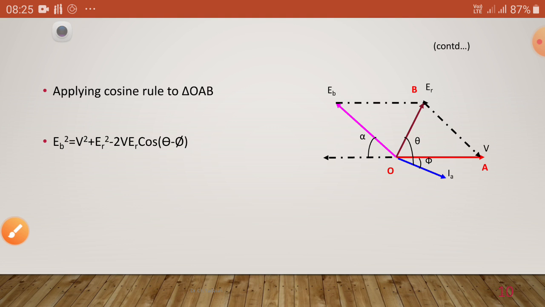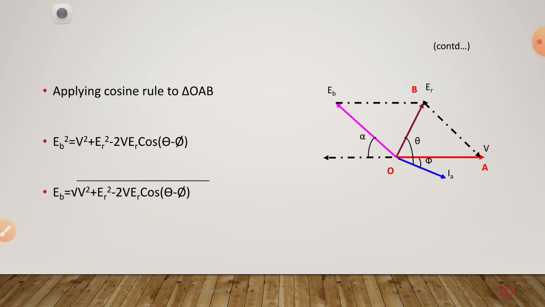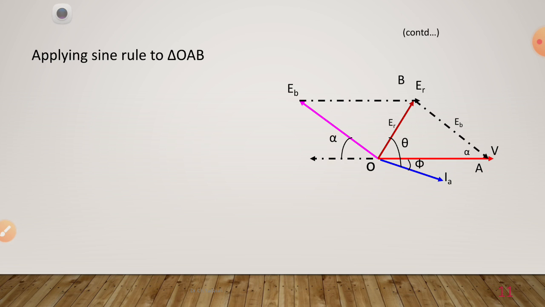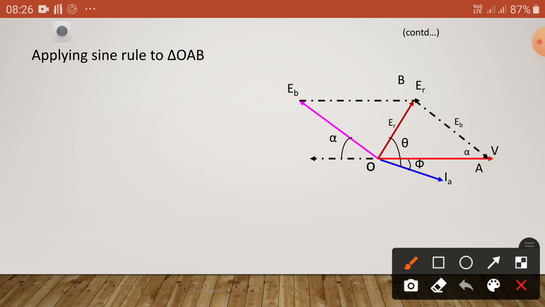Now based on the equation, EB is equal to under root V square plus ER whole square minus 2 V ER cos of theta minus phi. Now we found EB by using these two equations. Now apply the sine rule. In the cosine rule, by applying these vectors, we find EB.